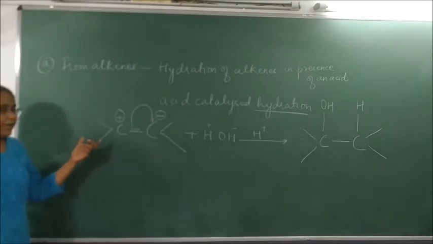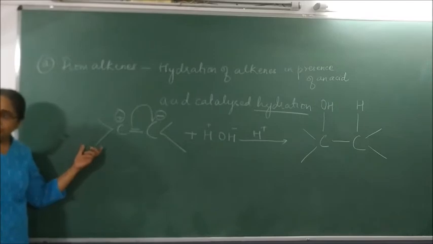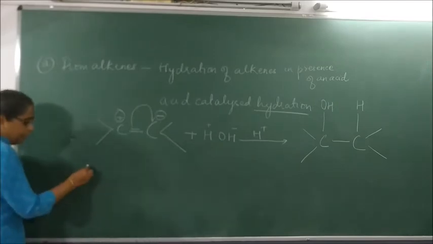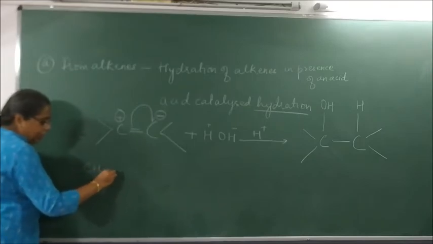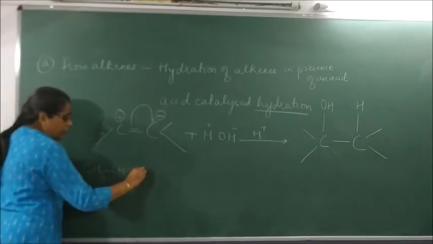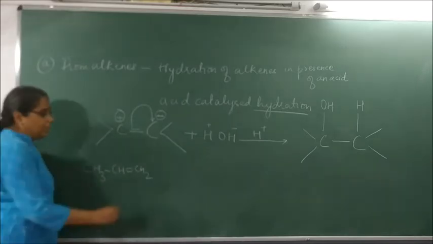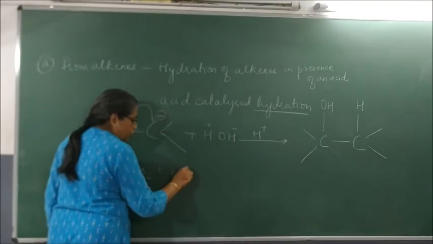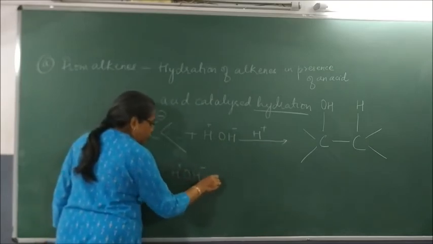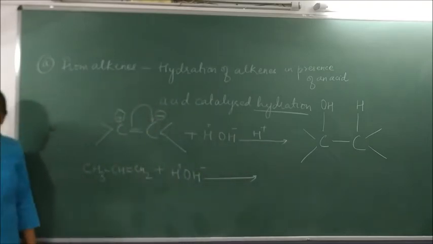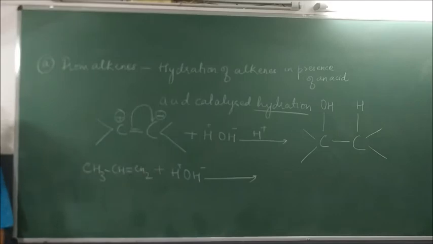What kind of alkene are we taking here? Is it a symmetrical alkene or an unsymmetrical alkene? It is a symmetrical alkene. Now when I take CH3CH=CH2, propene, when it reacts with water, it follows what rule? Addition of a reagent to an unsymmetrical alkene follows Markovnikov's rule. What does Markovnikov's rule say?